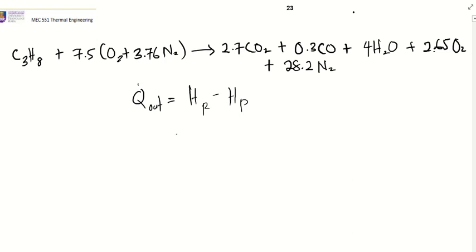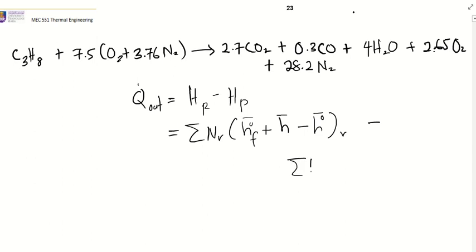So for HR, you need to find the enthalpy of formation plus the enthalpy at the state minus the enthalpy at the reference state at 25 degrees C. Okay, so this one minus HP, which is N_P times (h_f plus h minus enthalpy at the reference state) for the products. Okay, so this is what we're going to do.